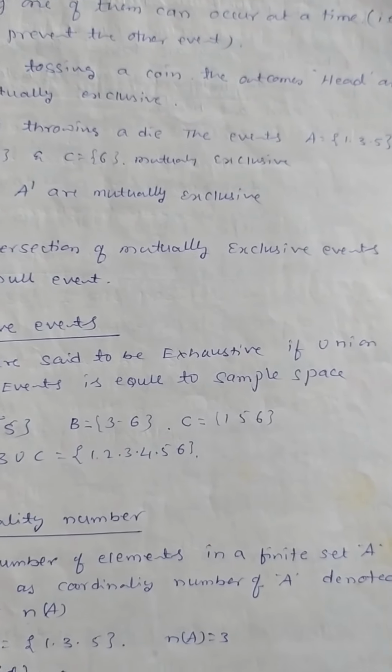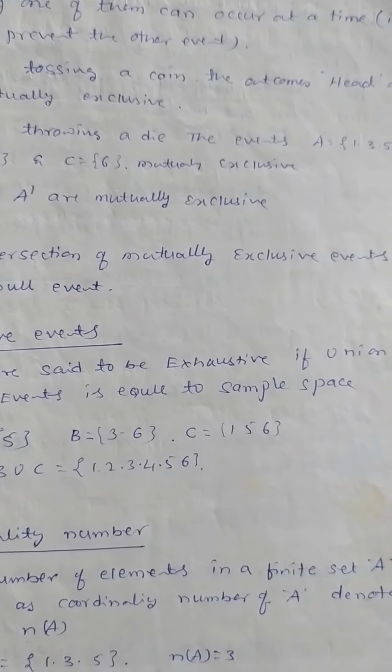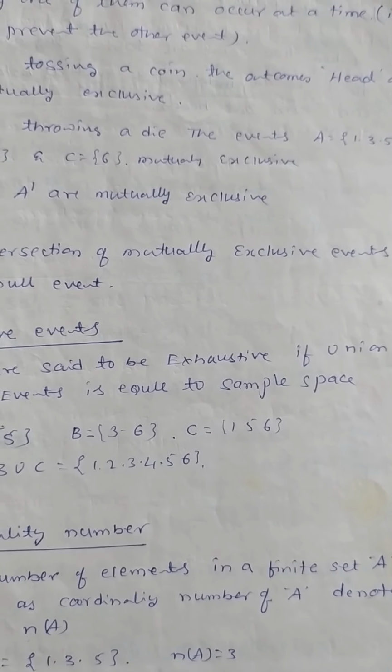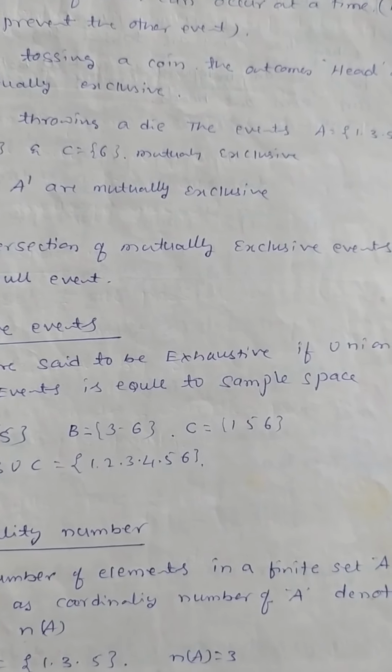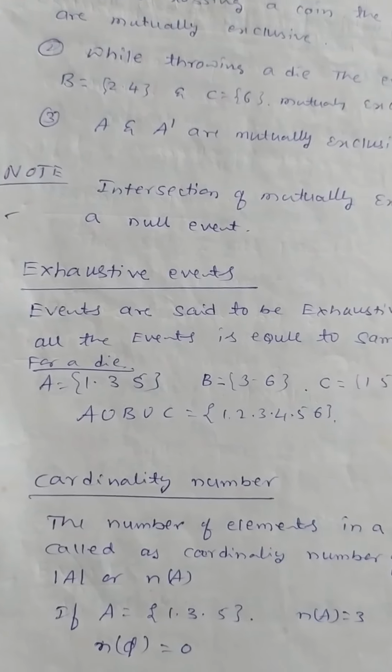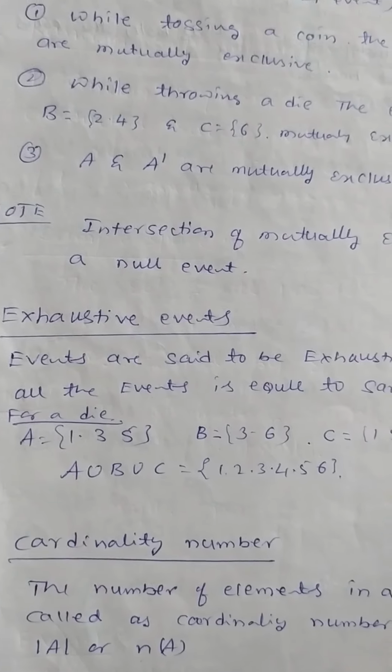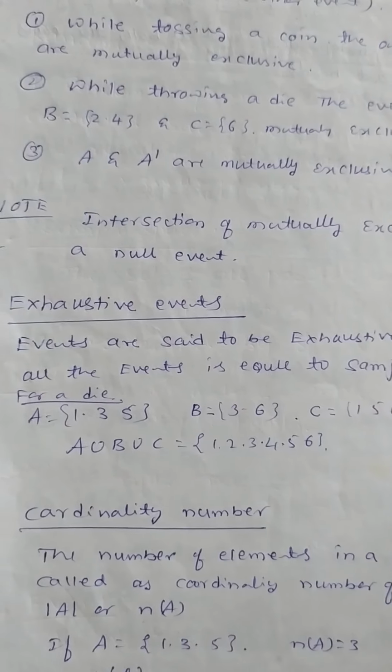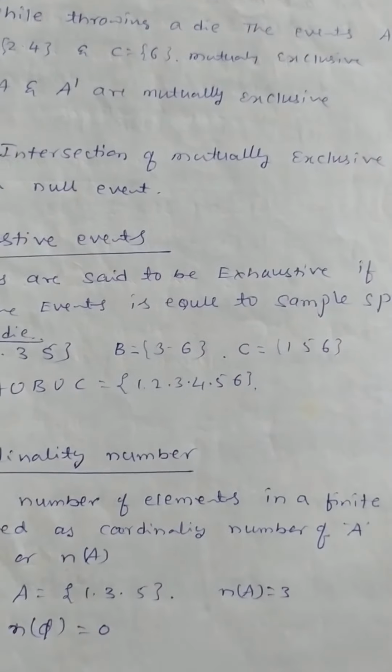Then those events are called exhaustive. Exclusive means the intersection is null. Exhaustive means the union is the whole sample space.